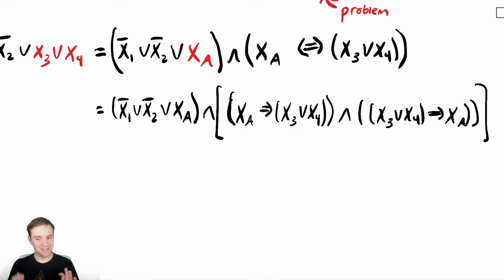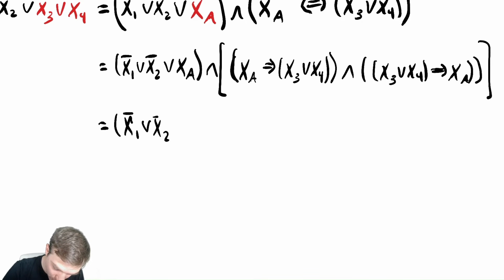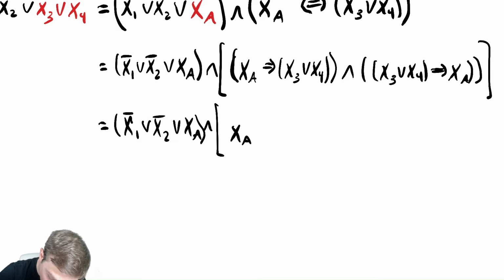Now, flashing way back to maybe week 2 of Foundations 1, you need to remember what an implication is and how you can rewrite it in terms of ands and ors. So I can rewrite this as x1 bar or x2 bar or xa, and that first implication, if you remember, P implies Q is the same as not P or Q. So I can write that as xa bar or x3 or x4.